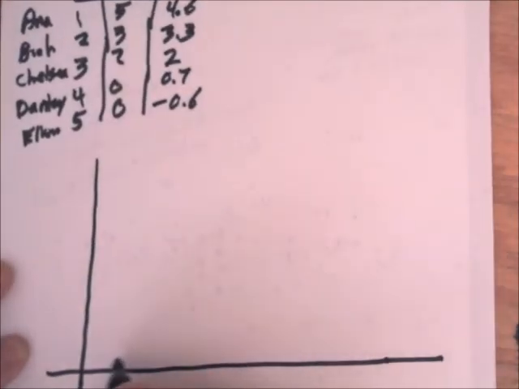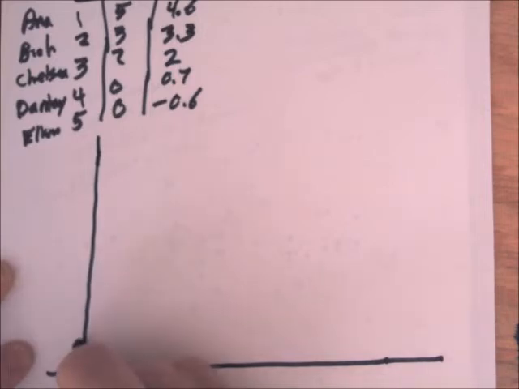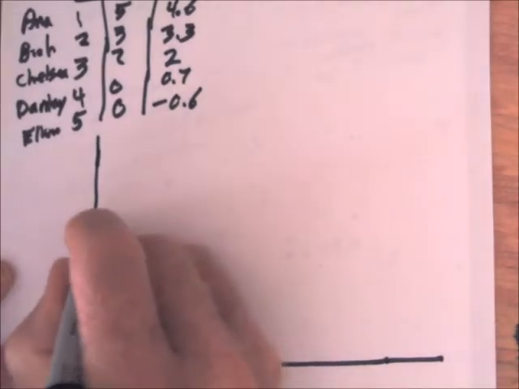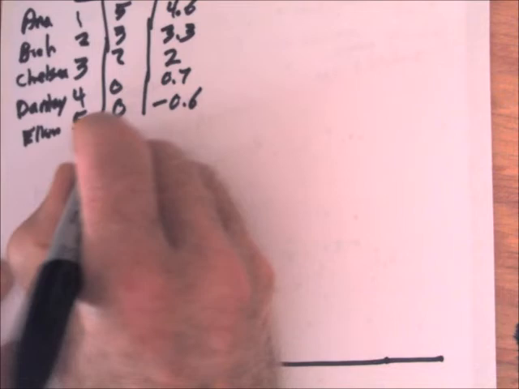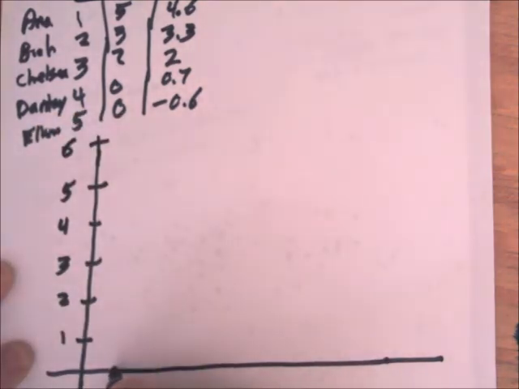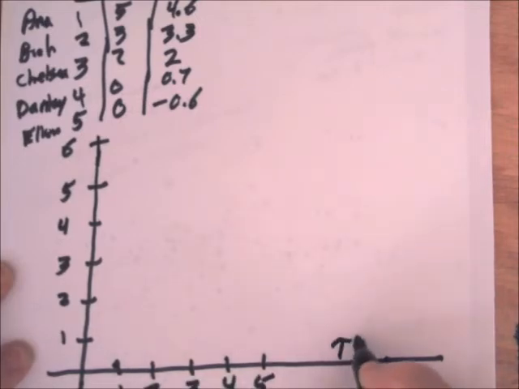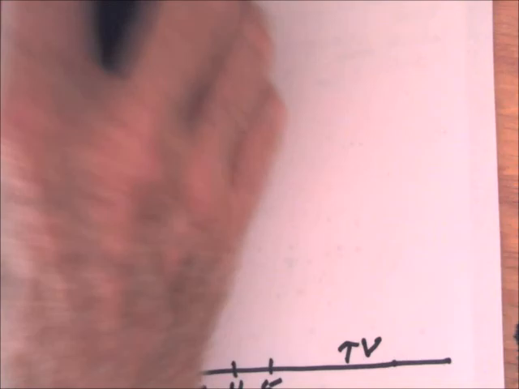Okay, so I'm going to use different colors: I use red for the actual and green for the predicted.